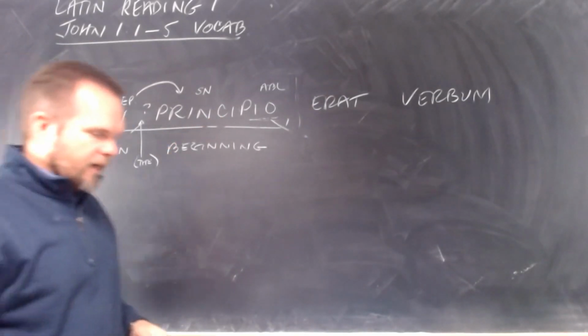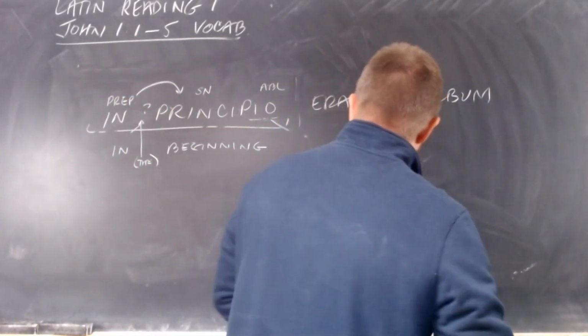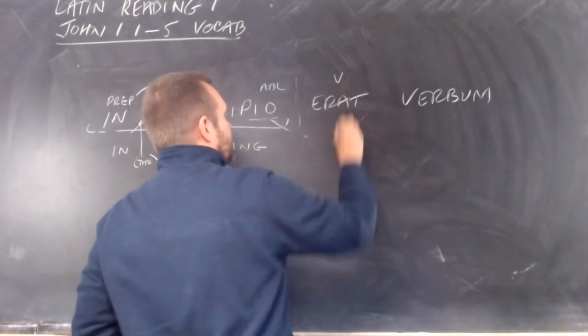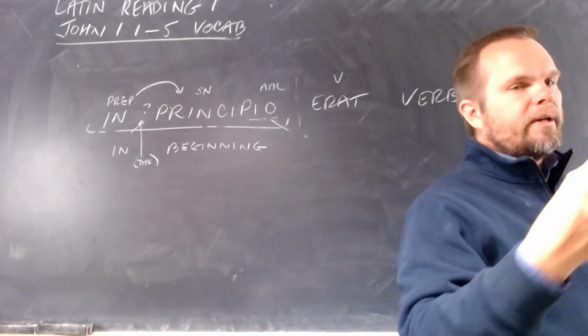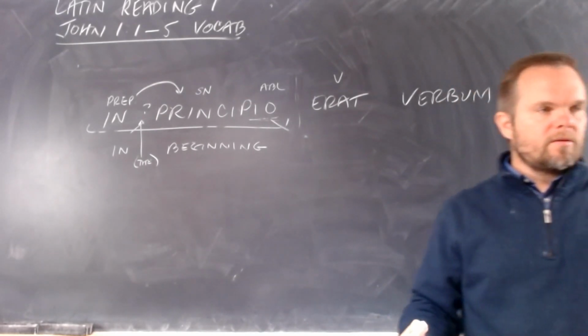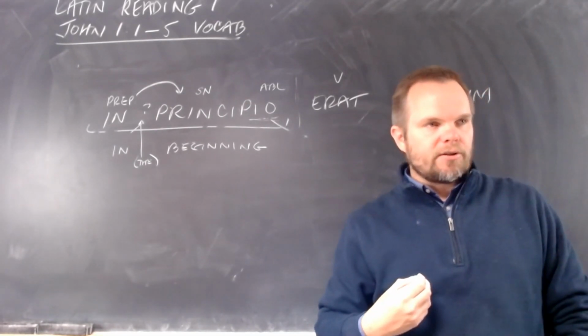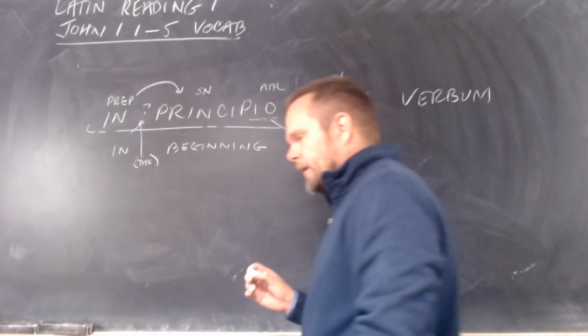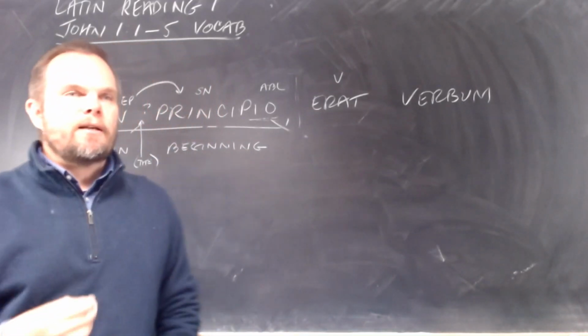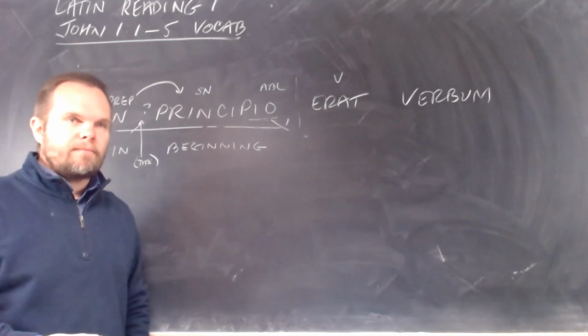Next we have erat. Erat is a verb. It's a word that expresses doing something, being, or suffering some action. The other way that we can tell that erat is a verb is that it expresses time. Right?